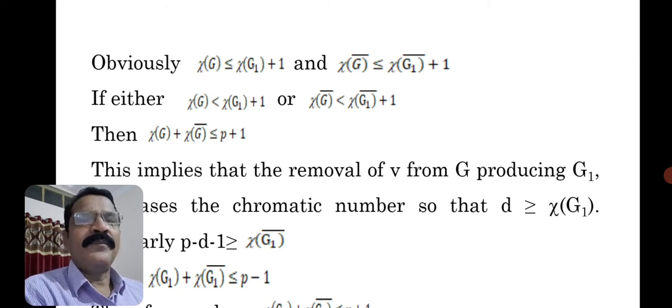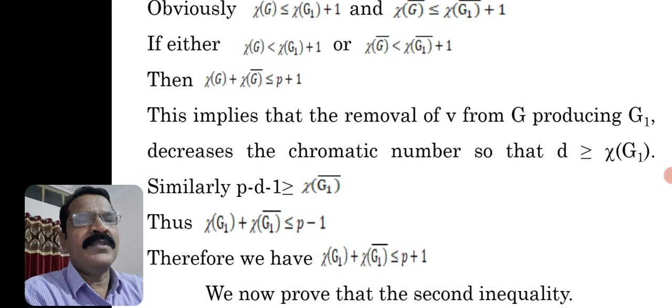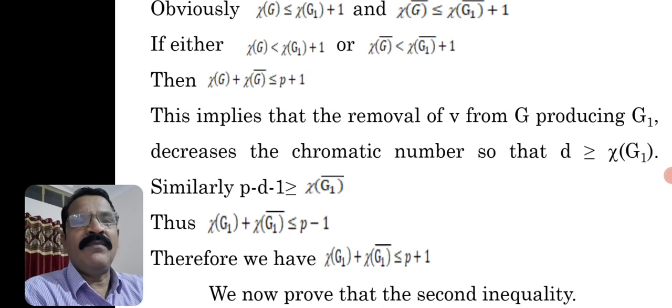If either the chromatic number of G is less than the chromatic number of G1 plus 1, or the chromatic number of G bar is less than the chromatic number of G1 bar plus 1, then if we add the chromatic number of G and the chromatic number of G bar, it is always less than or equal to P plus 1.